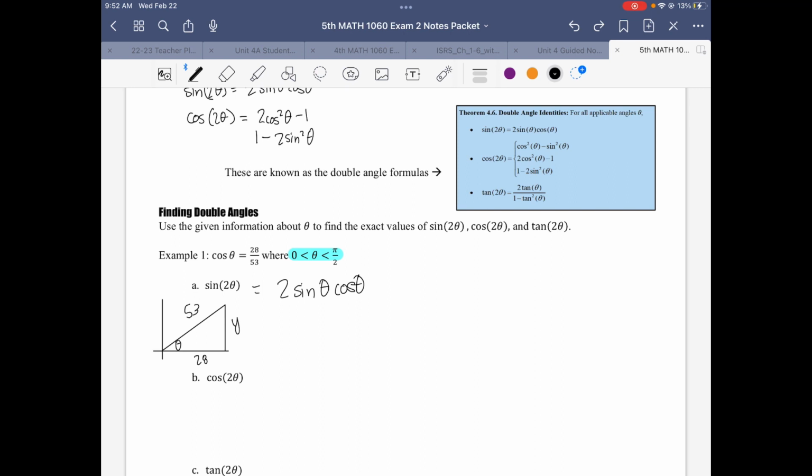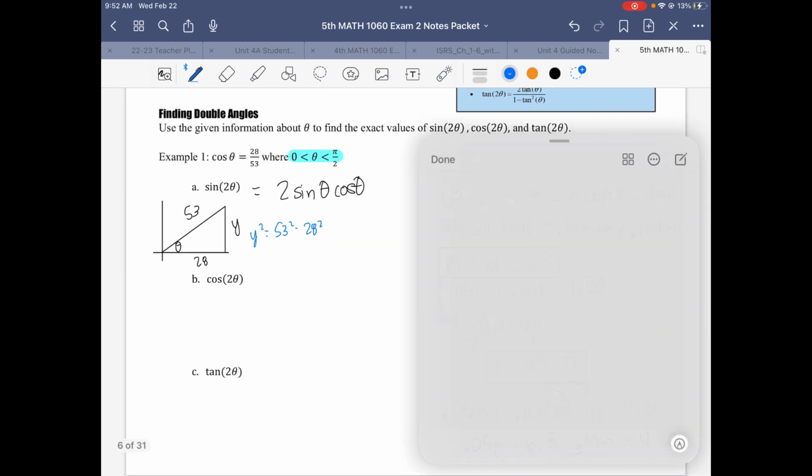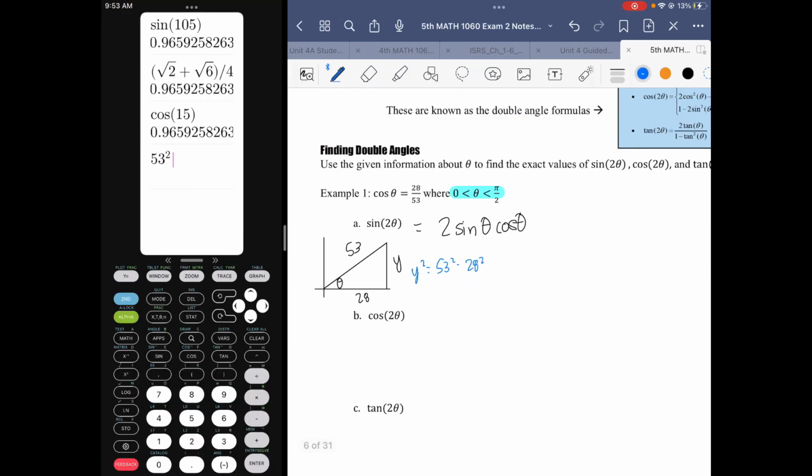Well, in order to figure out what sine would be, we need to figure out what y is. So y squared would equal 53 squared minus 28 squared. So let's pull up a calculator here. 53 squared minus 28 squared would be 2025.